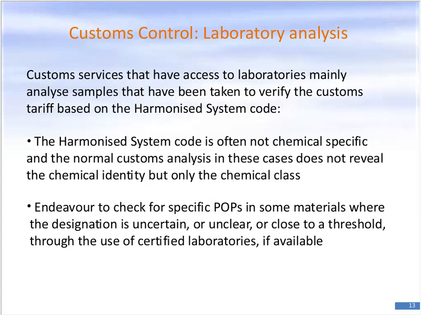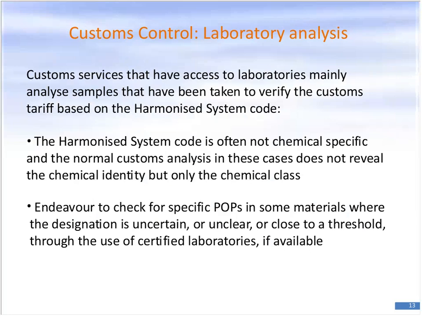So the third level of customs control is laboratory analysis. Customs services that have access to laboratories can analyze, but this is mainly done to verify the harmonized system codes. The harmonized system codes, as I said, are often not chemical specific, and so the normal customs analysis does not reveal the chemical identity, but the chemical class.